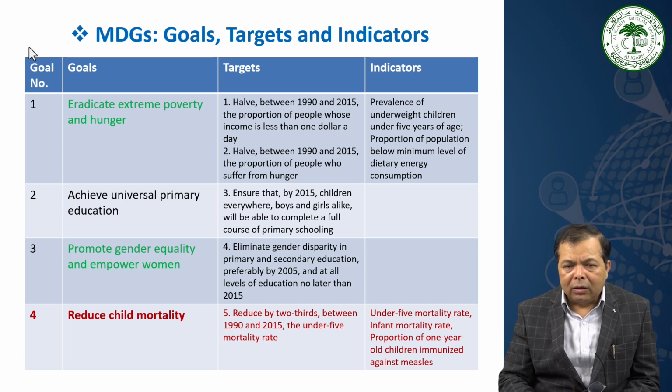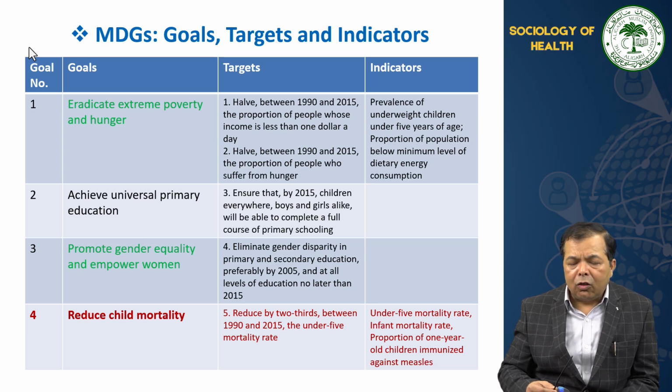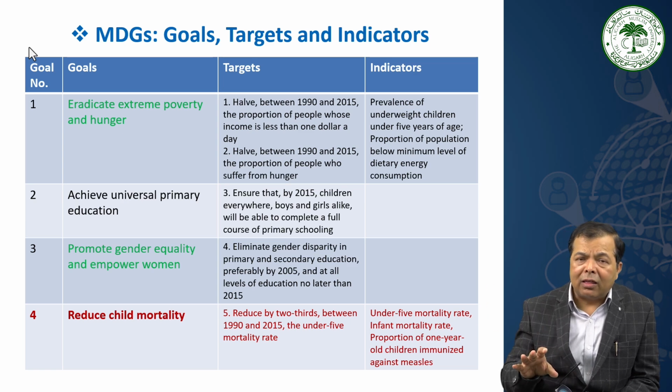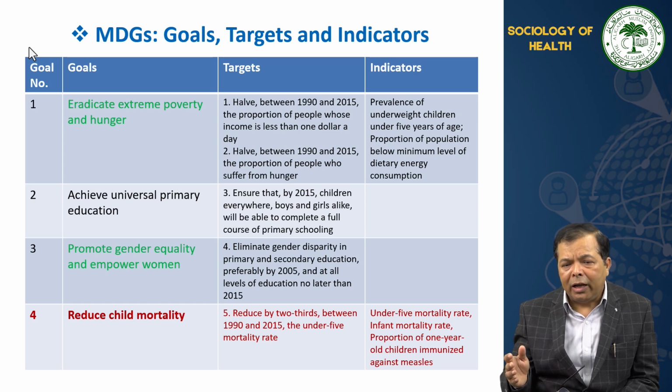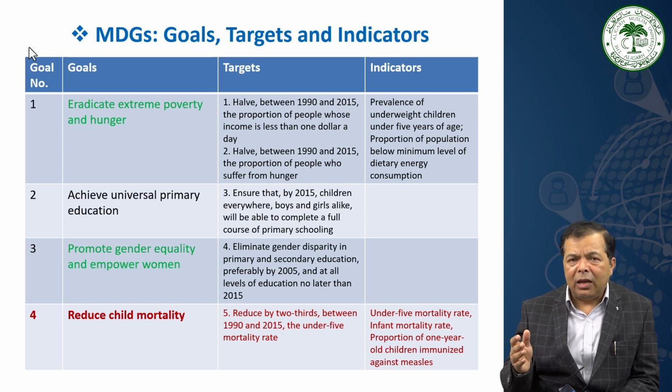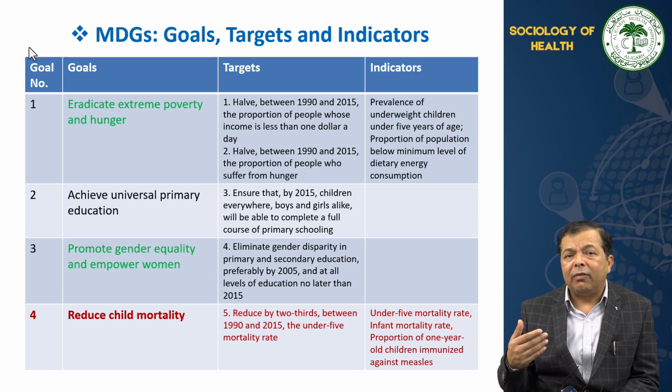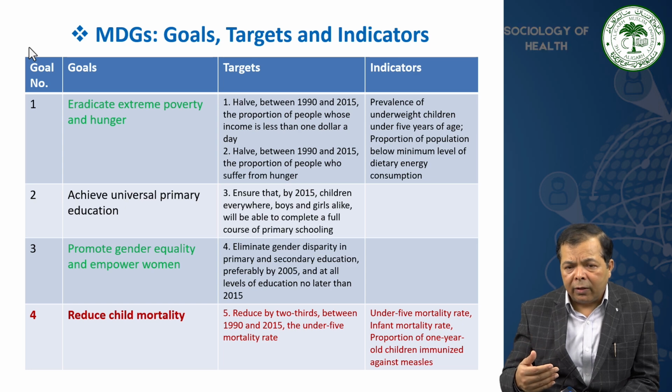is common, the implication will be specific for every country. Why? Because it is not giving a specific number. It says that reduce by 2/3. So whichever numbers were existing in 1990, now those numbers should be reduced by 2/3 by 2015. That means every country, depending upon the kind of prevalence rate they were having, can achieve their own targets.